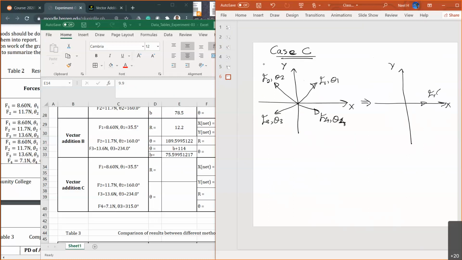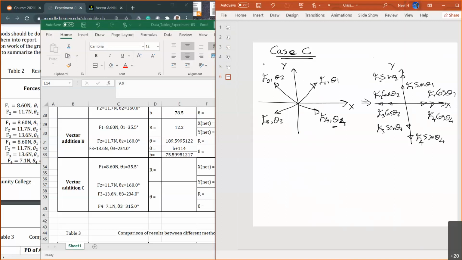I have here F1 cosine theta 1, and then I'm going to get another component here, F4 cosine theta 4 from this one, and then here I have F1 sine theta 1, another component from 2, F2 sine theta 2, then I have here F2 cosine theta 2, another component here F3 cosine theta 3, here F4 sine theta 4, another here F3, let me write it down on this side, that's better, easy to understand, F3 sine theta 3, F4 sine theta 4.